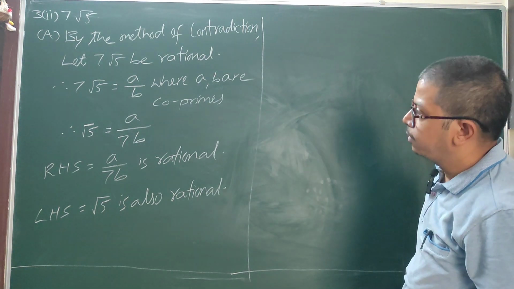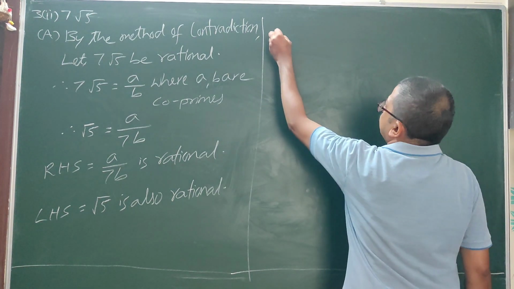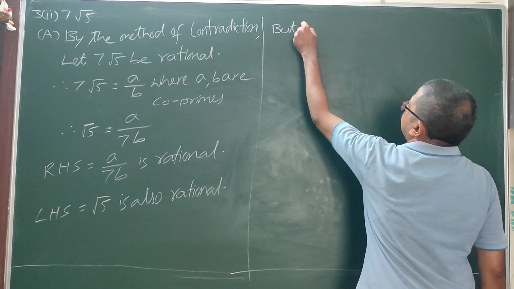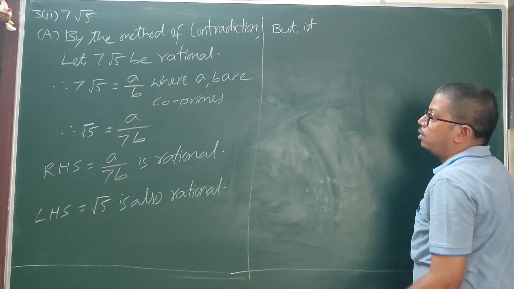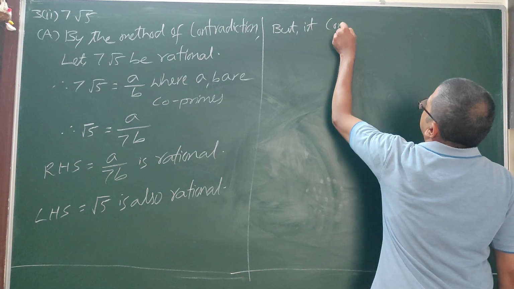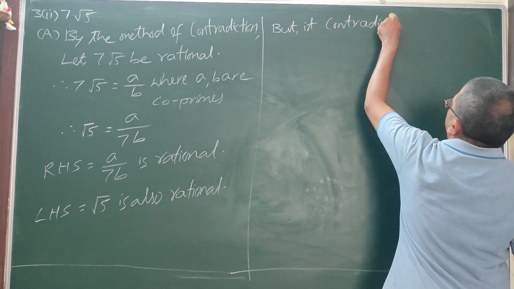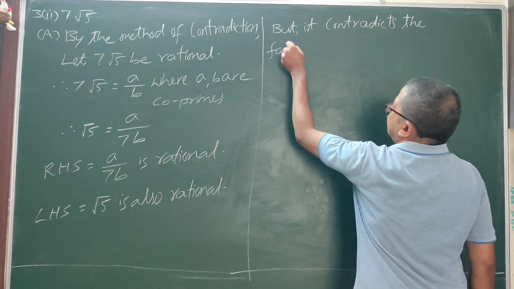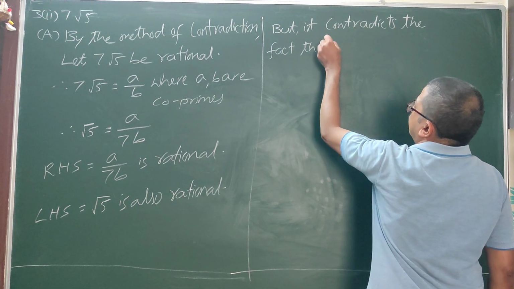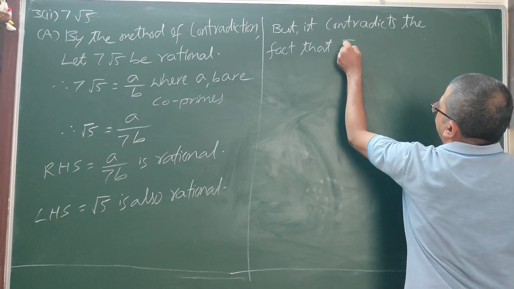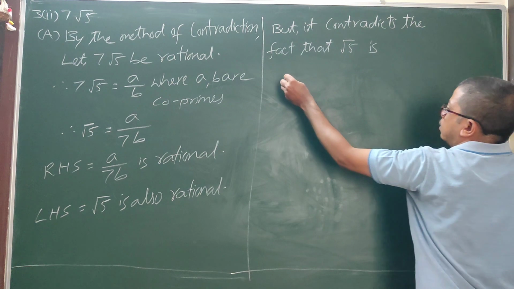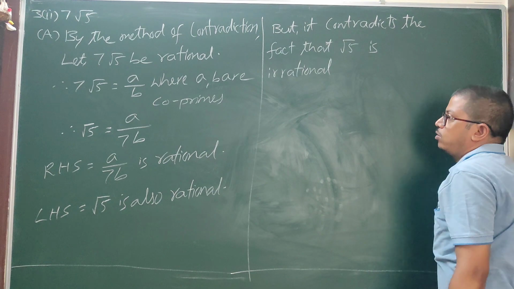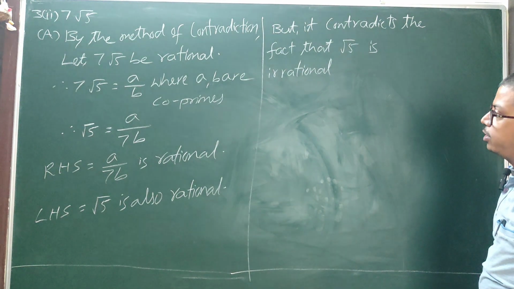But it contradicts the fact that root 5 is irrational by the definition of irrational numbers.